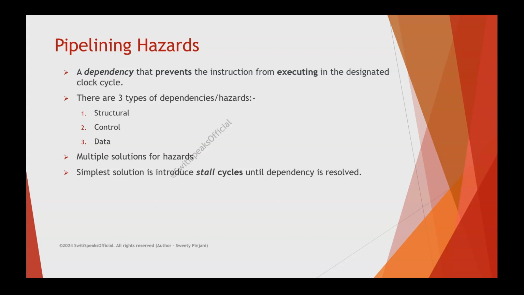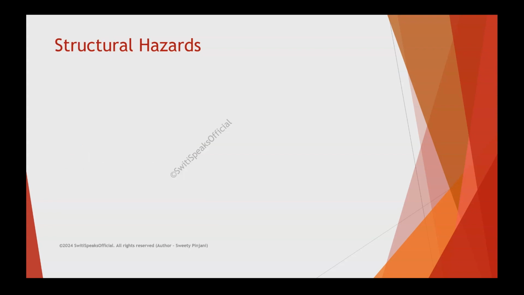We'll see what the different types of hazards are in detail, what the different solutions for those hazards are, and what the examples are. Let's see. The first one was structural hazard. As we said, it occurs due to hardware resource conflict. What are the different hardware resources?